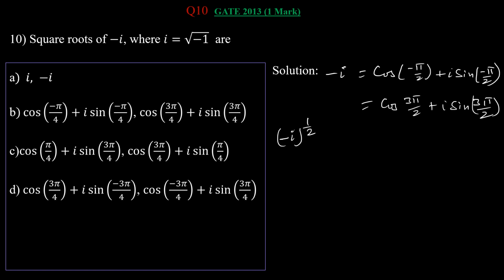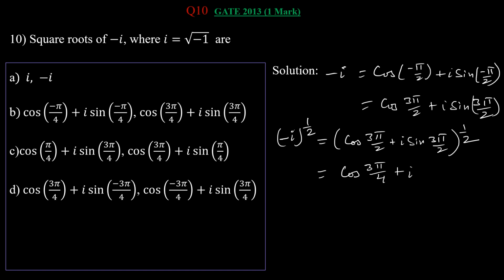So square root of minus i is minus i power 1 by 2. So it will be (cos 3 pi by 2 plus i sin 3 pi by 2) to the power 1 by 2. Using de Moivre's theorem, it will be cos of 1 by 2 into 3 pi by 2, so it will be 3 pi by 4, plus i sin 3 pi by 4.